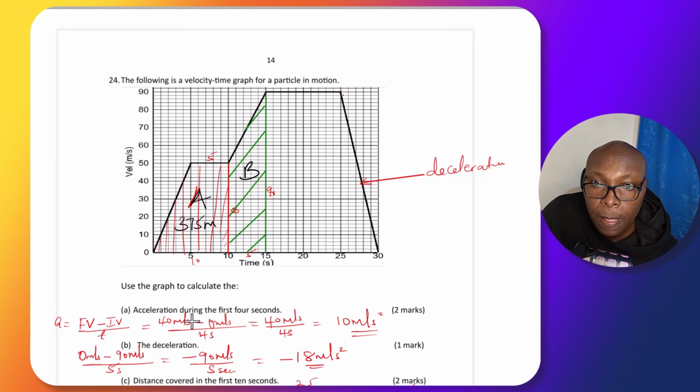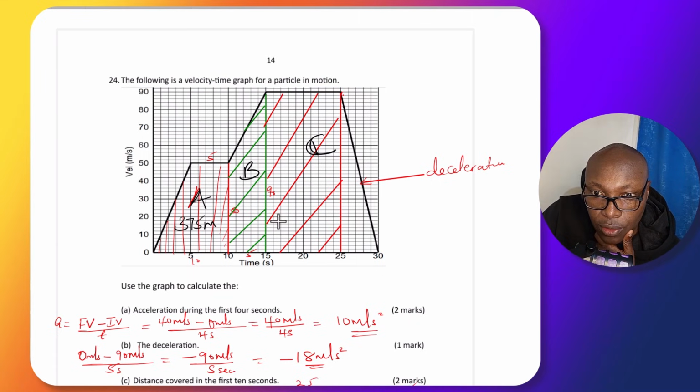Then the other shape, I will take the whole of this shape here as one. This is a rectangle, which I'll name C. This rectangle measures 90 by, from 15 seconds to 25, that is 10.